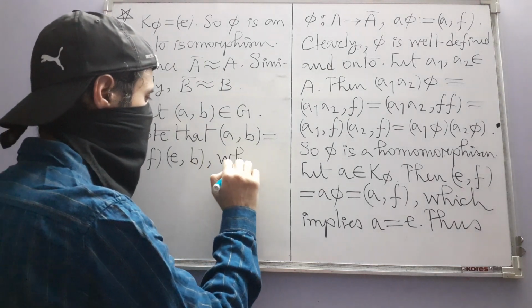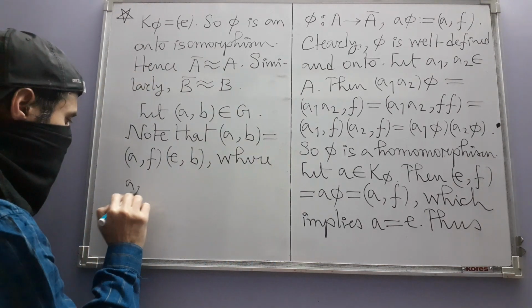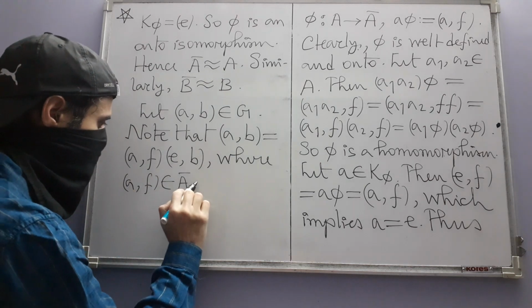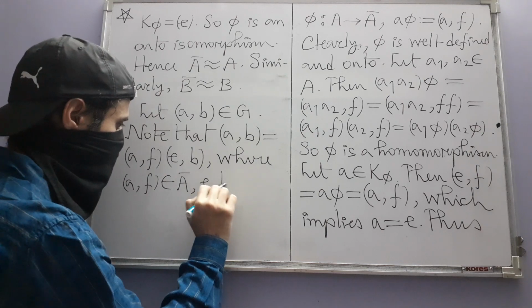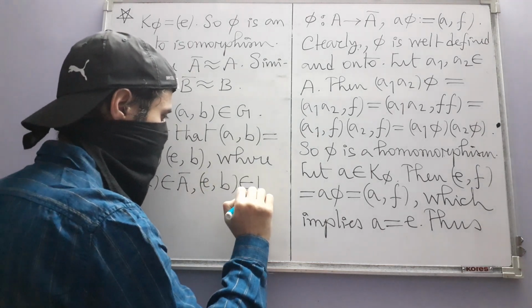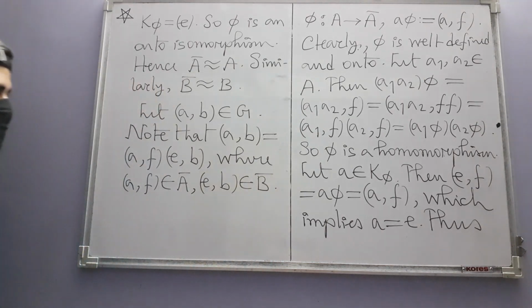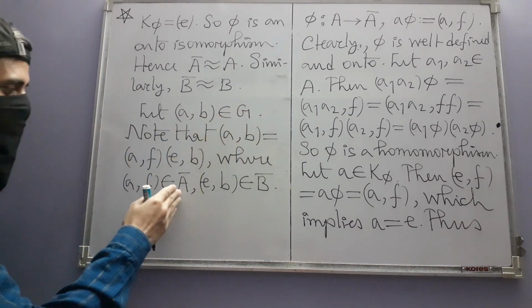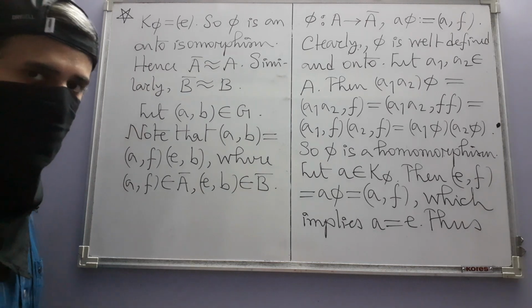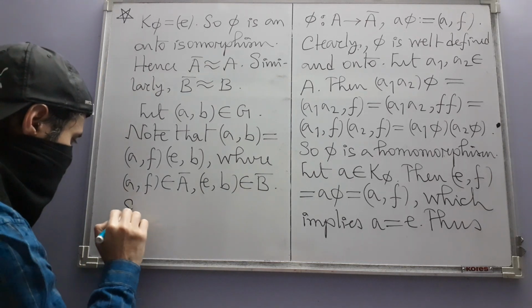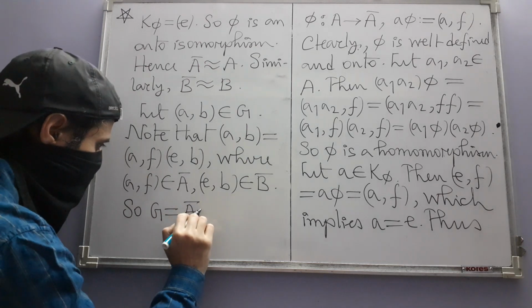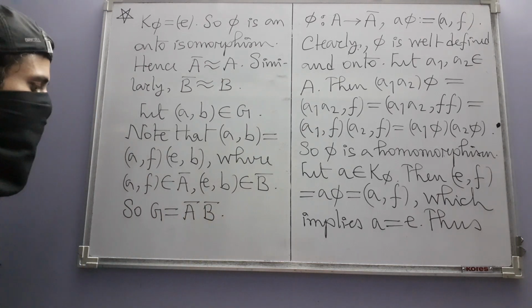where the first element belongs to A bar and the second element belongs to B bar. This proves that any element in G is a product of an element of A bar and an element of B bar. So G is A bar B bar, and you know what this product is.